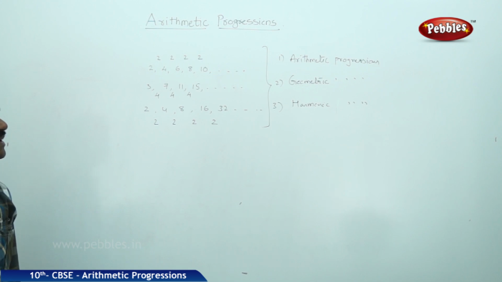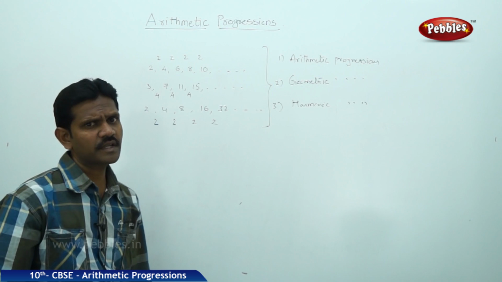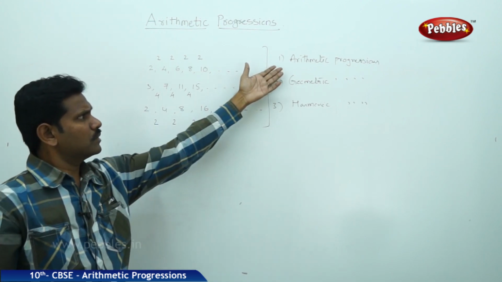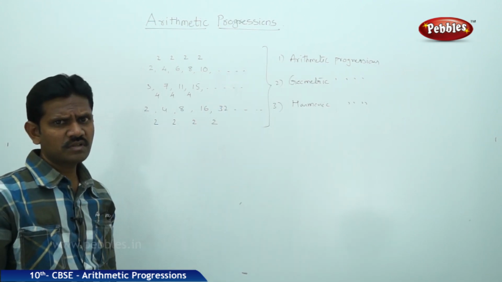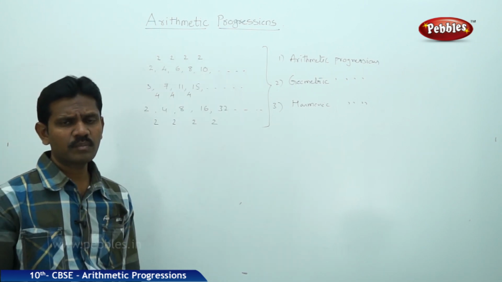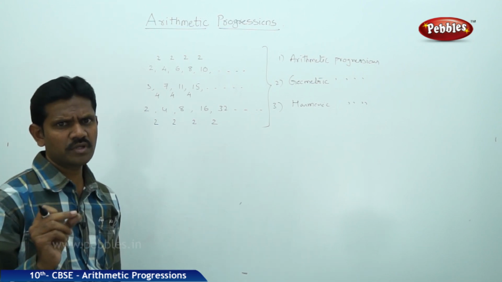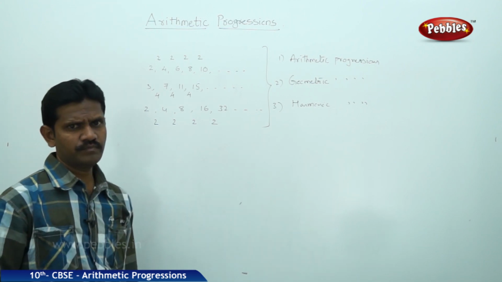Now, we can know in detail what is meant by arithmetic progression. Arithmetic progression is the progression in which every term is obtained by adding or subtracting a fixed number to its preceding number.